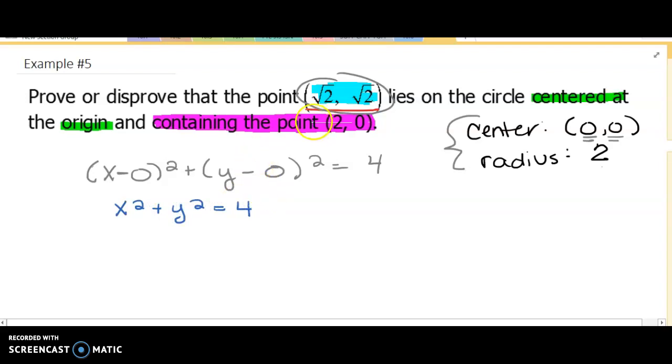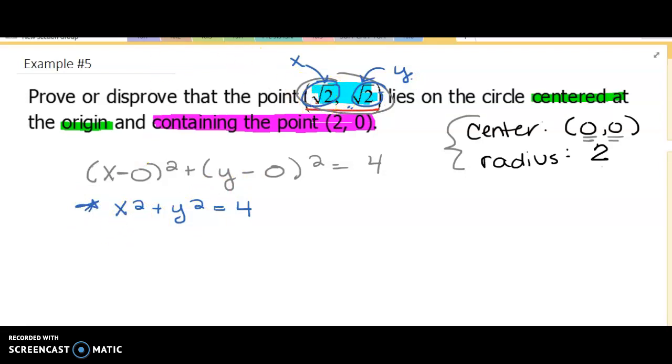Now, using the square root of 2, this is an x value and this is a y value. If this lies on the circle, then we replace square root of 2 in for x and square root of 2 in for y. This should hold true, so let's check it out.